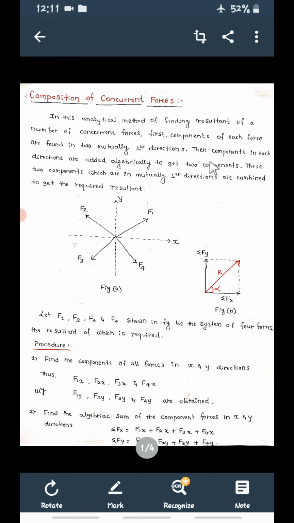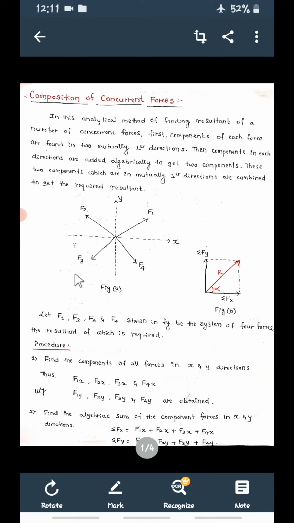Then components in each direction are added. Whatever components are there along the x-axis, all will be added, and the components in mutually perpendicular directions are combined to get the required resultant.